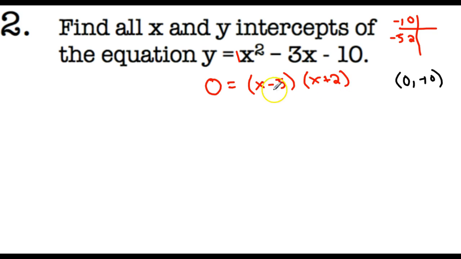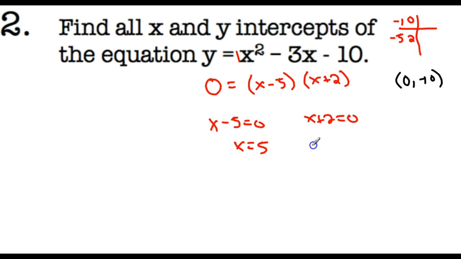So I've got two numbers that, when multiplied, give me 0. So that means either x minus 5 is 0, or x plus 2 is 0, or they're both 0. So solving x minus 5 equals 0 gives me x equals 5. Notice if you put 5 in this equation, 5 squared minus 15 minus 10 will give you 0.